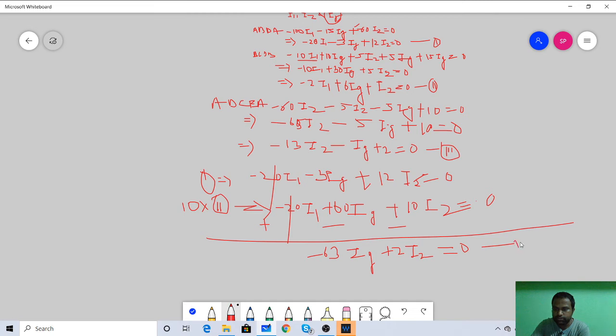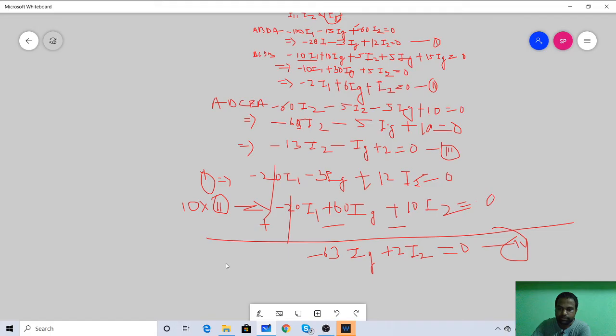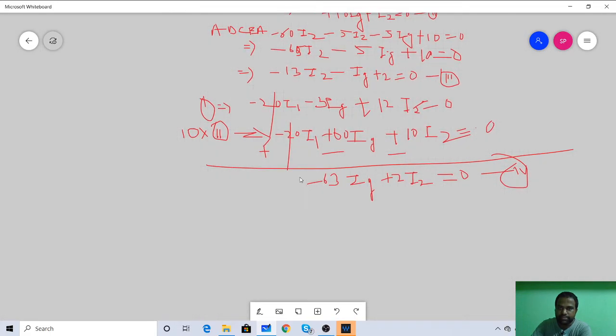Let's say this is equation 4. Now it's a two variable equation, and equation 3 is also a two variable equation with I2 and Iz. So now we can solve easily and get the value of Iz.